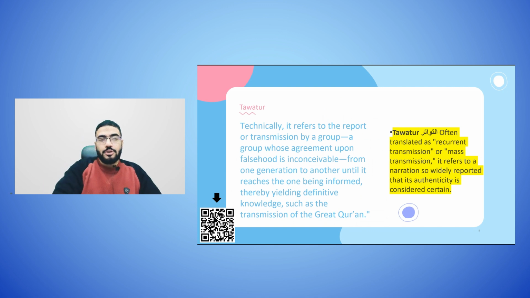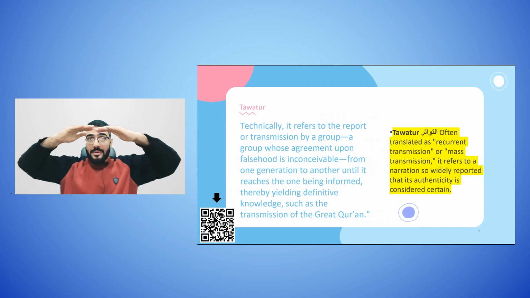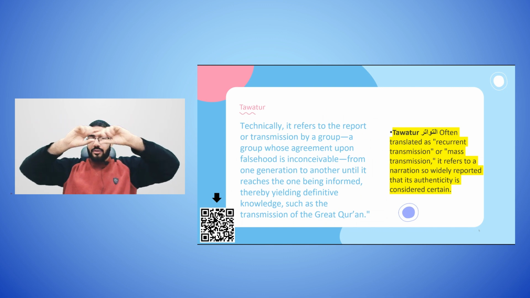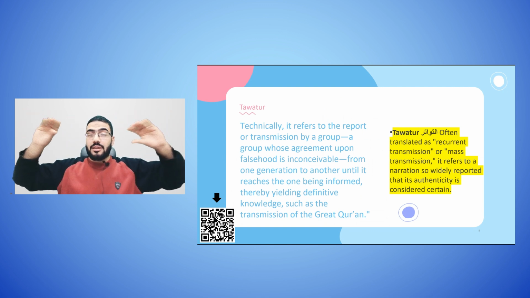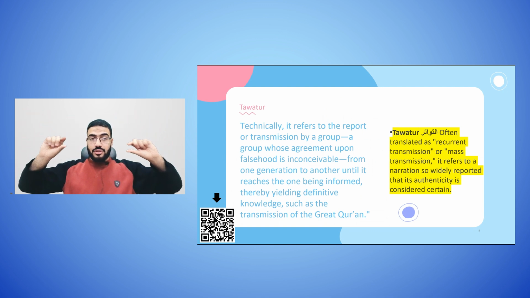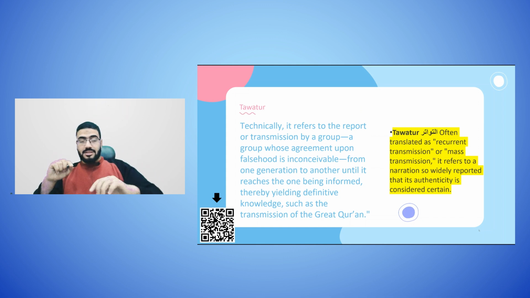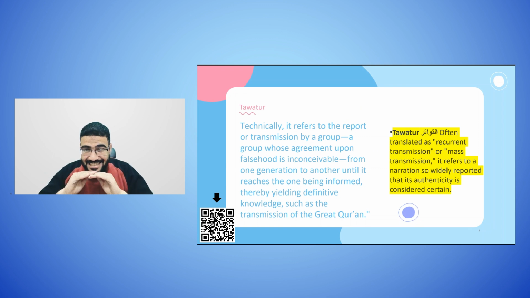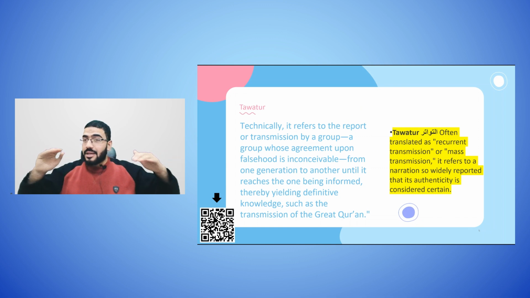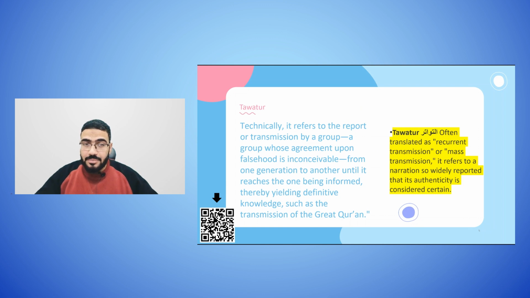It refers to the report or transmission by a group. Really a group, not just one or two, a lot of people in every generation, a group whose agreement upon falsehood is inconceivable, right? It doesn't make sense that all of them agree about a lie or a mistake.